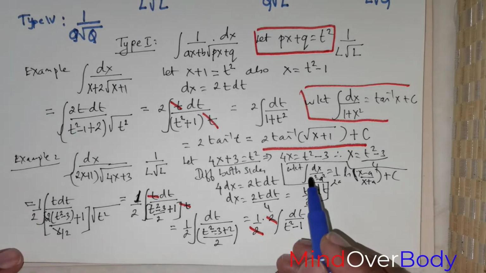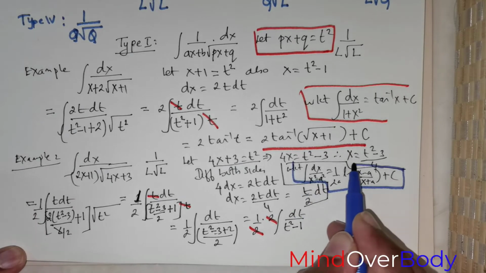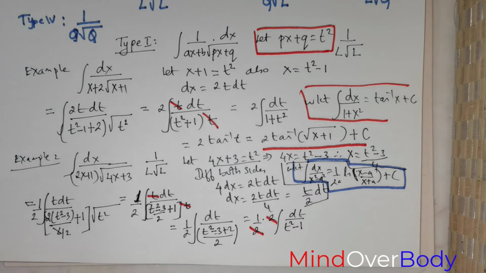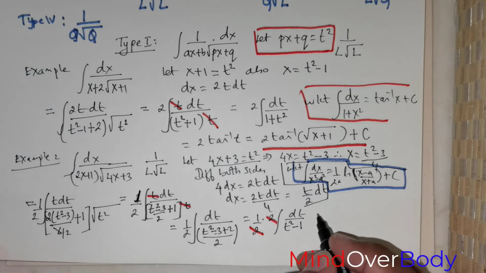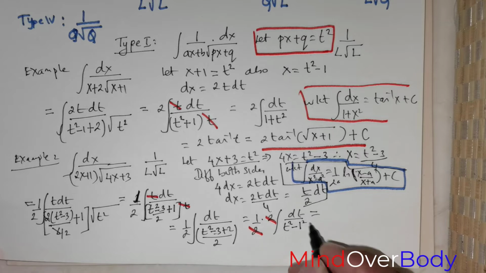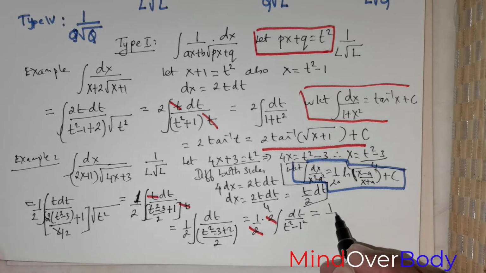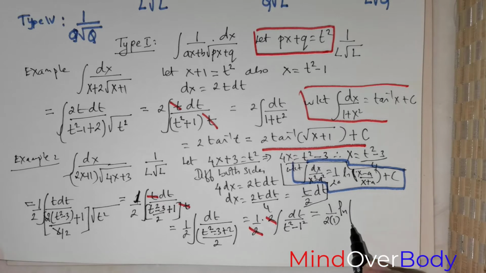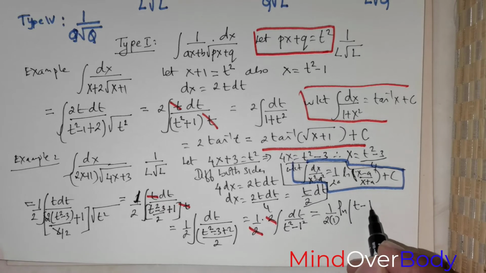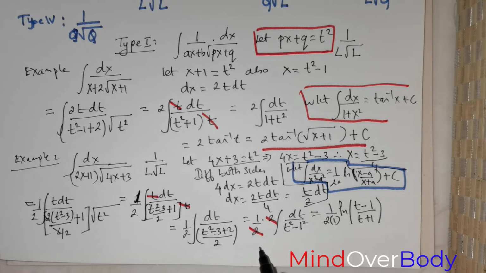This is actually a popular formula which we have already studied and applied in many cases. So using that, this is actually 1 squared, right? So it's going to be 1 over 2a, a is 1 times ln of x is t negative 1 over t positive 1. I'm not going to place the arbitrary constant as yet.